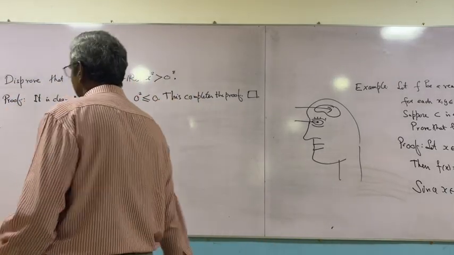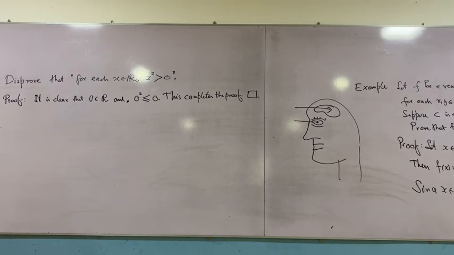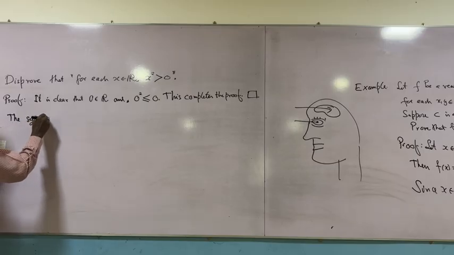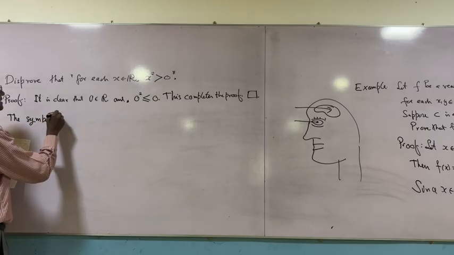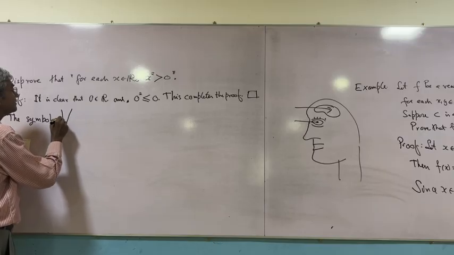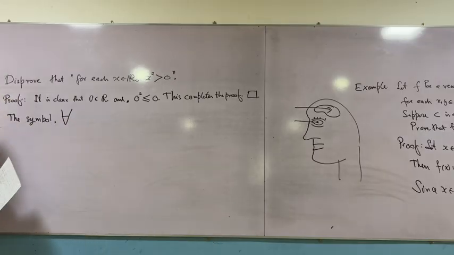Anyway, so we disproved that. Another important thing to tell you is the symbol. You just need to know this thing. The capital A, you write this way, A standing on its vertex.